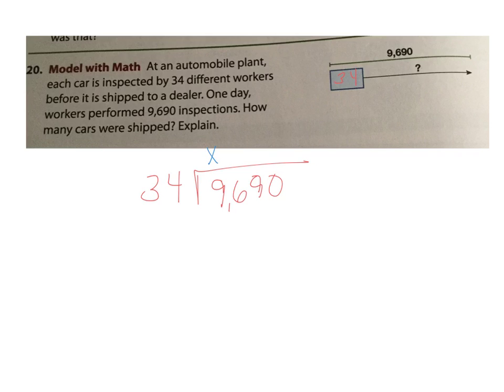34 cannot go into 9, but it can go into 96 2 times. 2 times 34 is 68. Subtract. You have 28. We're ready to bring down our 9. 34 can go into 100 almost 3 times. Because we're dealing with over 200, we know it can go in at least 6 times.